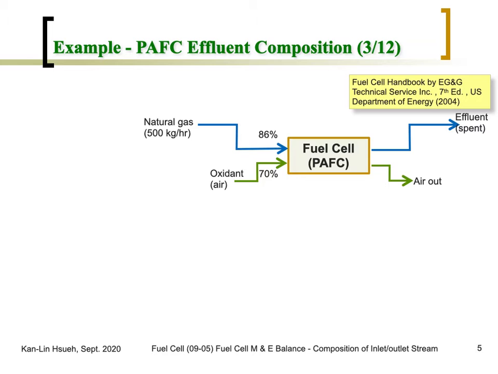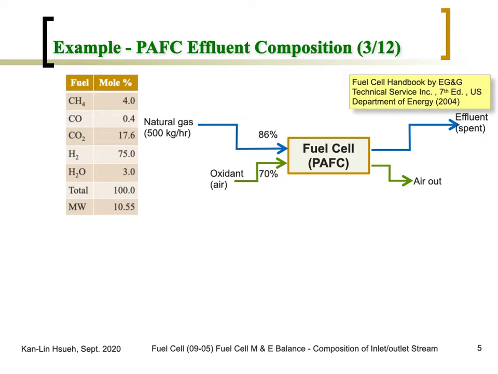First we want to know how much natural gas is required. The example already gives us the molar composition of the input natural gas. The natural gas has already gone through the reformer.